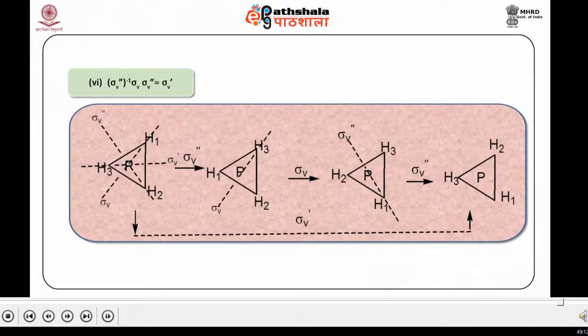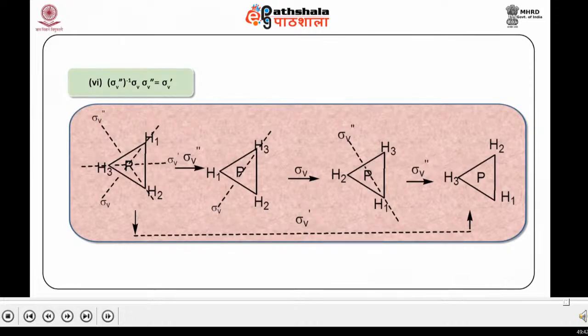Thus, we can clearly see that all the similarity transformations on sigma V by E, C31, C32, sigma V, sigma V dash, sigma V double dash give results as sigma V, sigma V dash, sigma V double dash only.